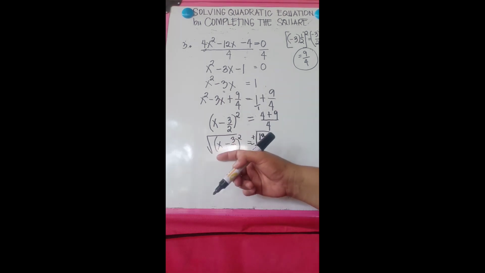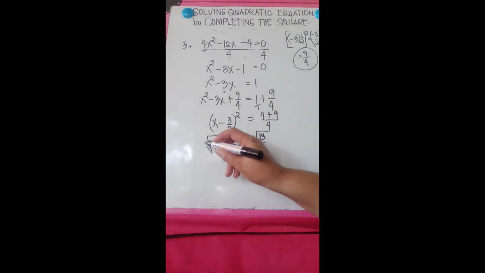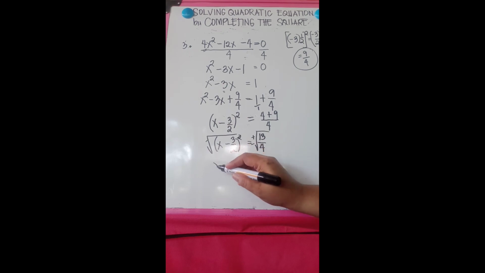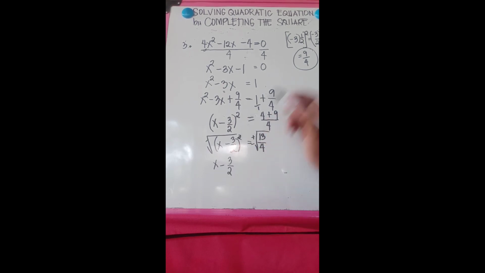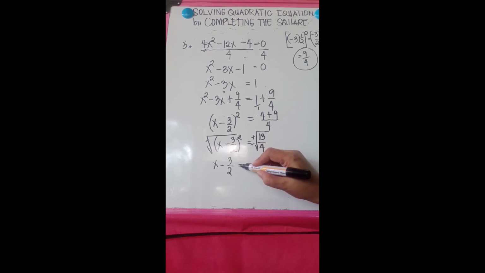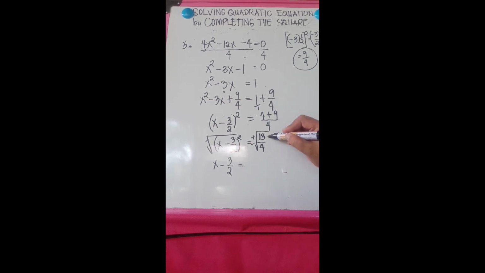So, dito, mawawala lang yon kasi may square root tayo doon. So, x minus 3 over 2. Then, sa right, 13, hindi siya perfect square, but 4 is a perfect square. So, pwede natin kunin ngayon ang square root ng 4. And that is 2.